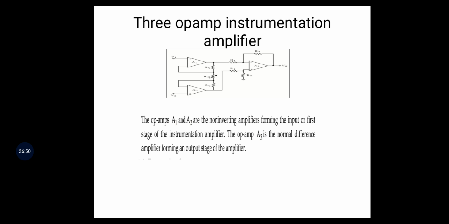Here the op-amps A1 and A2 are the non-inverting amplifiers forming the input or first stage of the instrumentation amplifier. The op-amp A3 is the normal difference amplifier forming the output stage of the amplifier.